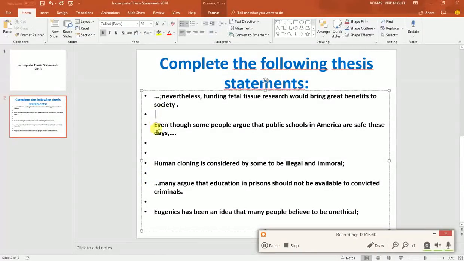This one, the fourth one, is different. There's no punctuation that indicates to us that we definitely have to use one contrast word or the other one. This thesis statement can be completed using either style.